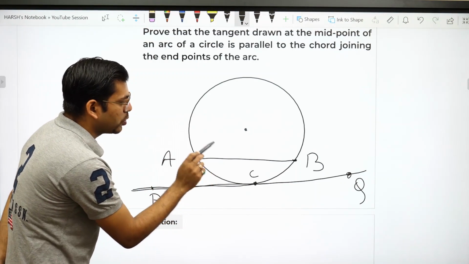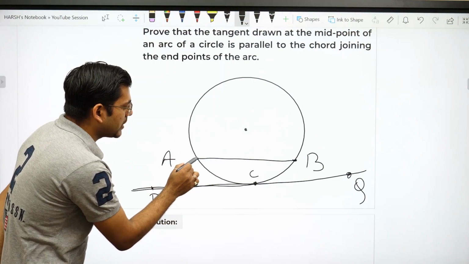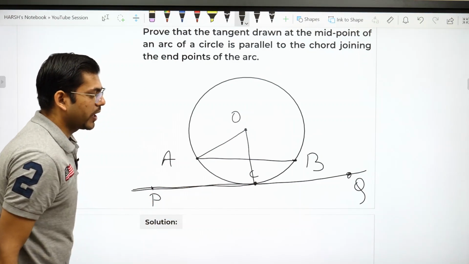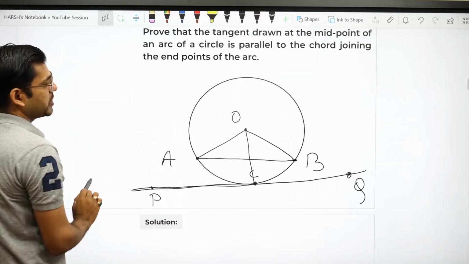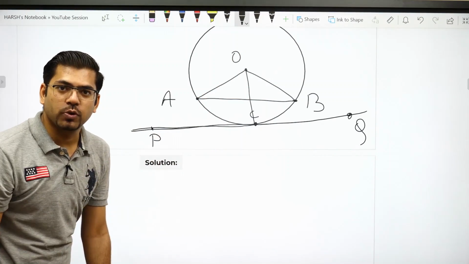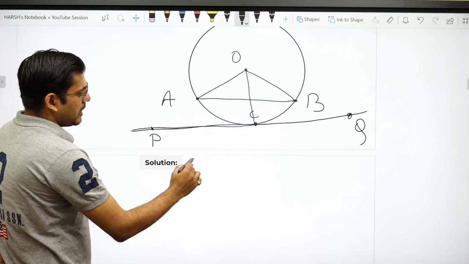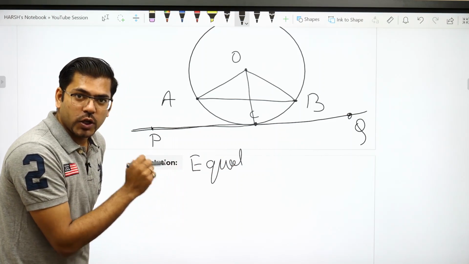So what you need to do, steps of construction. I am writing the first step of construction, that join the point OA and join the point OC. Then join the point OB. So the steps of construction you have written. Now the first thing which you will write, which will make the whole question proved, is that equal arcs subtend equal angle at the center. This is the most important line, and you need to write it down in your paper also.